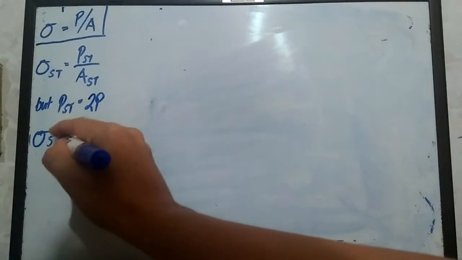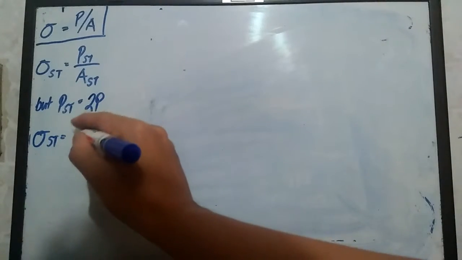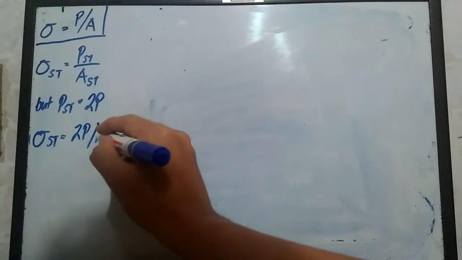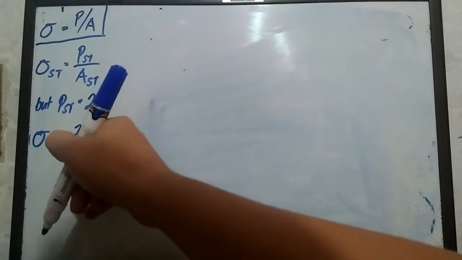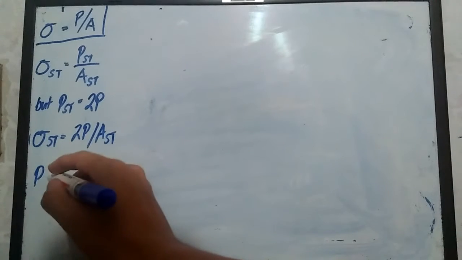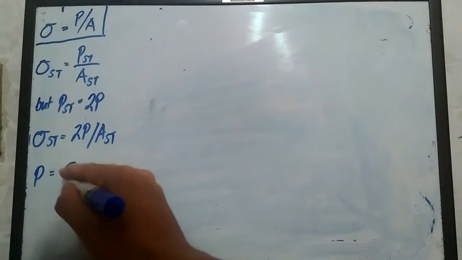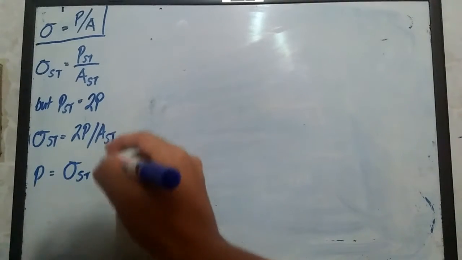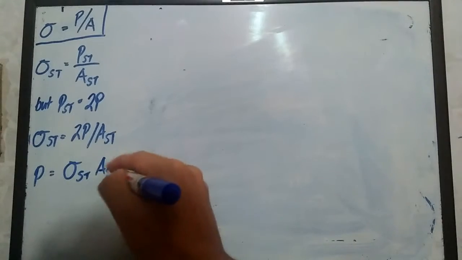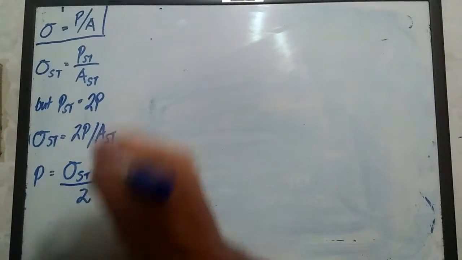So sigma sub st is equivalent to 2P over A sub st, and then solving for P is equal to sigma sub st multiplied by the area A sub st divided by 2.